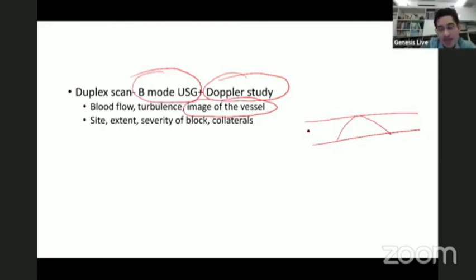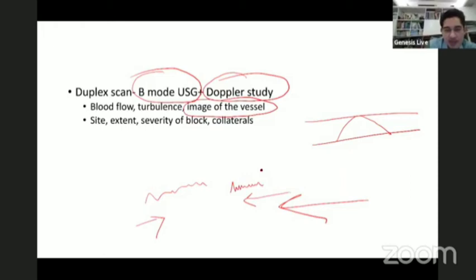And the Doppler study uses the Doppler shift. Doppler shift means when something is flowing towards you and you send a sound towards it, there will be a reflected sound. There will be a difference in frequency between the sent sound and the reflected sound, because when the sound goes there and comes back, the frequency usually increases.